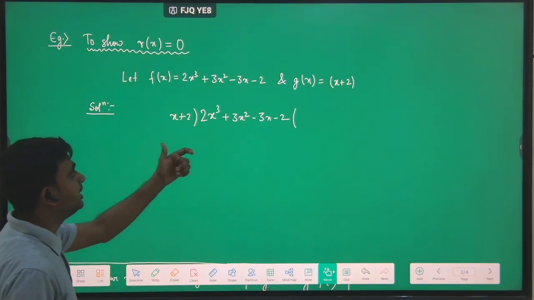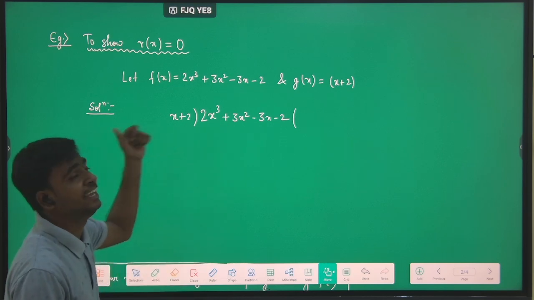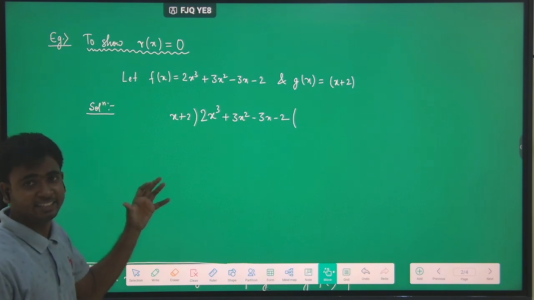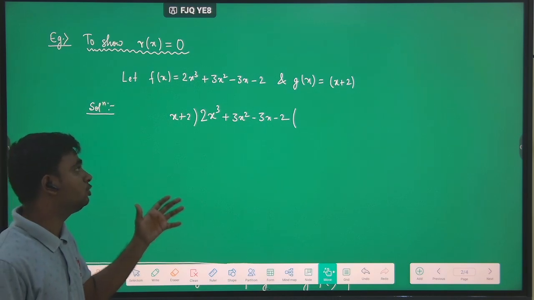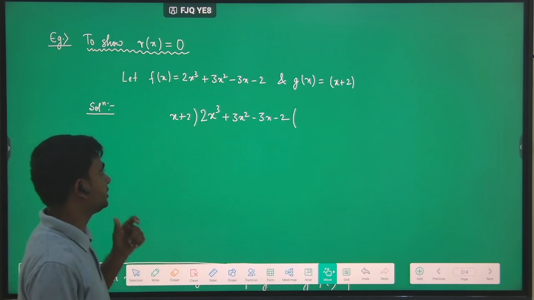So we have to divide 2x cube plus 3x square minus 3x minus 2 by x plus 2. How can we do so? In class 8, we have learned to divide polynomials by linear polynomials. So let us do it.